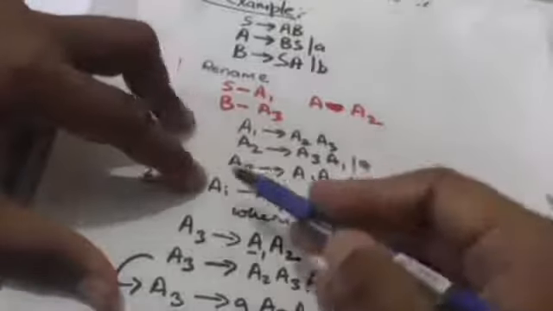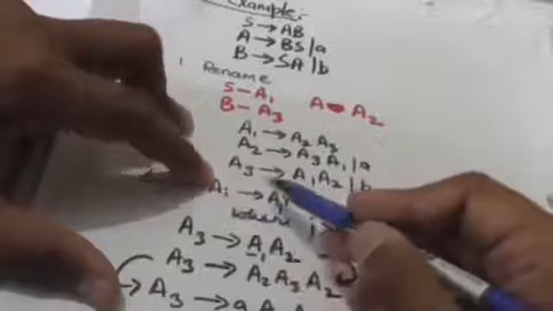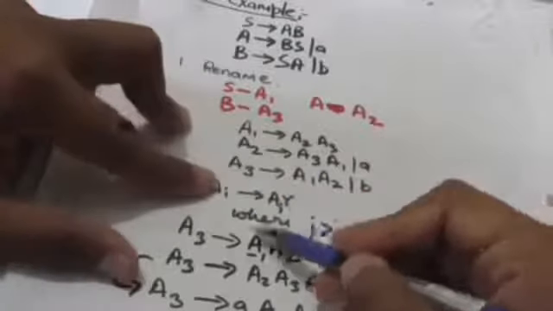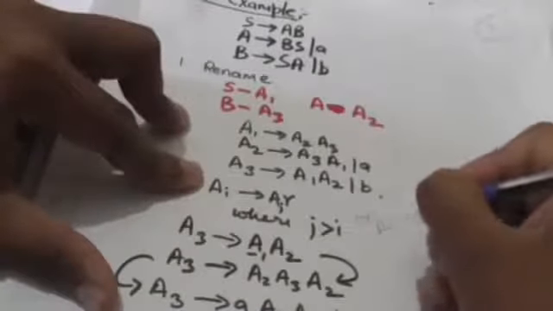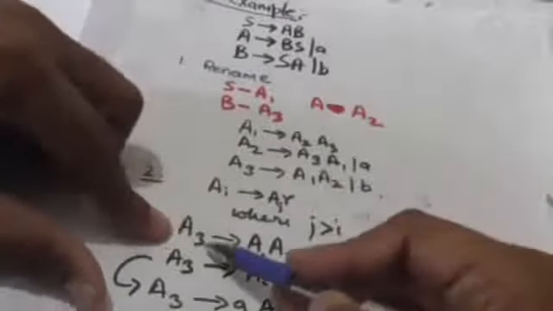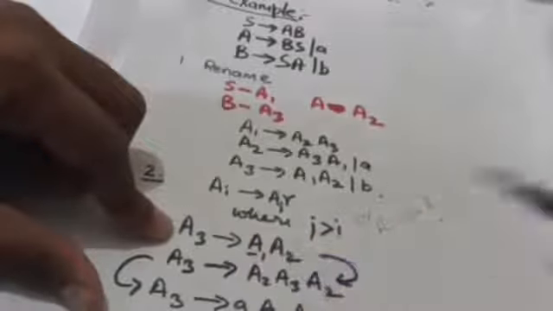After renaming the variables, we have to modify the grammar so that its productions are of the form Ai derives Aj gamma, where j is greater than i, or of the form Ai derives a gamma. Now see this production, A3 derives A1A2.